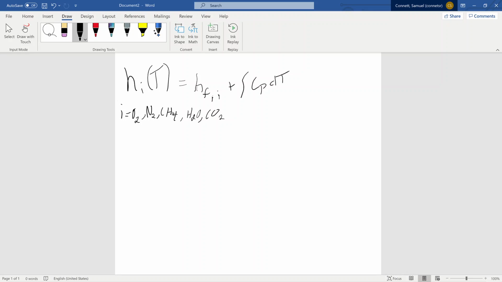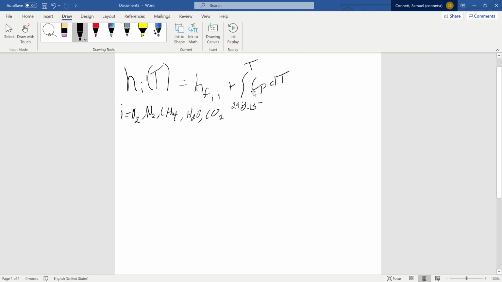And our starting temperature is at 298.15, and we're going to our desired temperature of T. All right. So this is the expression that we want.